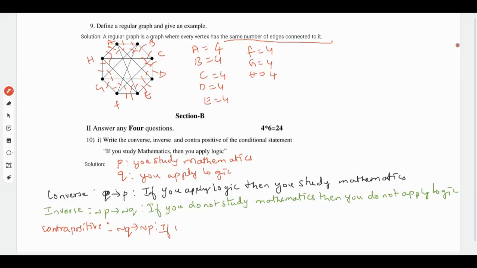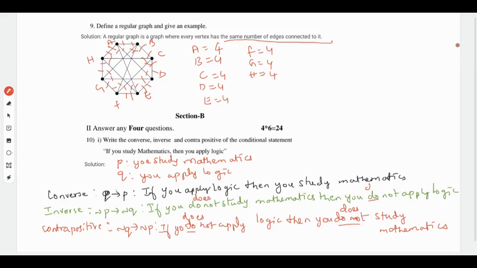If you do not apply logic, then you do not study mathematics. You can even write does not in place of do not, because the subject is singular, you can write does in place of do.